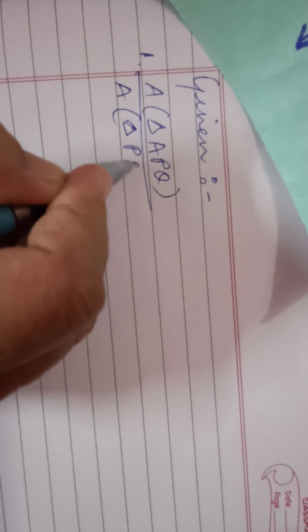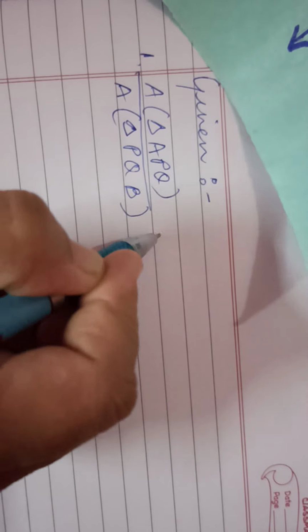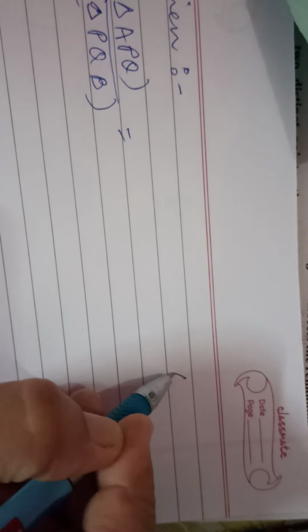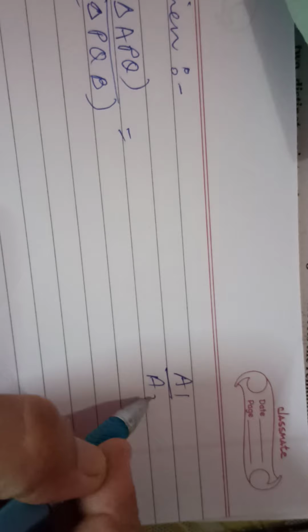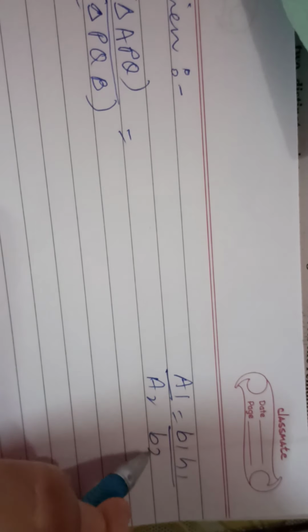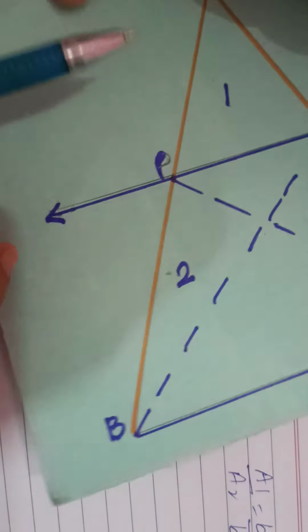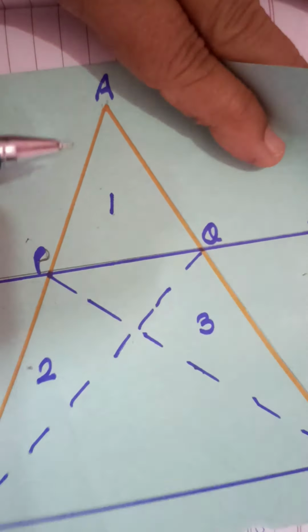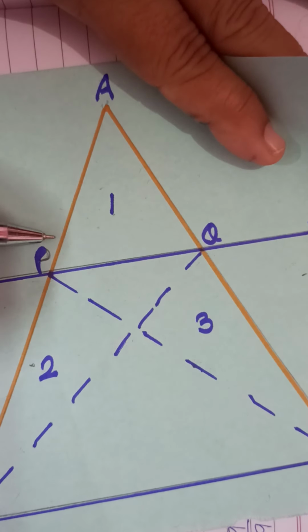Now what is the formula for the ratio of areas of triangles? A1 upon A2 is equal to B1 H1 upon B2 H2. Here, what is the base of triangle APQ? The base of triangle APQ is AP.